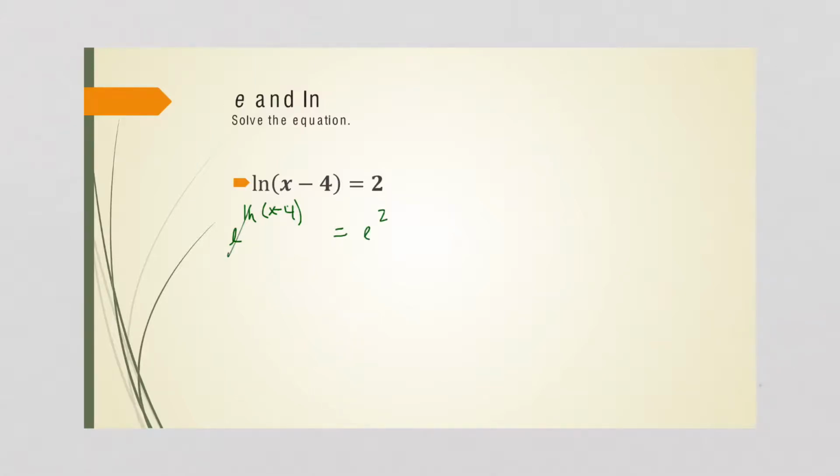What happens here is these cancel out, and it leaves me with x minus 4 equals e squared. Add 4 to both sides, and I get x equals e squared plus 4. Go ahead and enter that in your calculator, and I'm going to get 11.389.